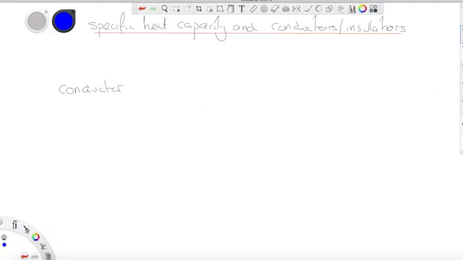So, your conductor will have a low specific heat capacity. If you think about it, that makes sense because conductors heat up and cool down easily.